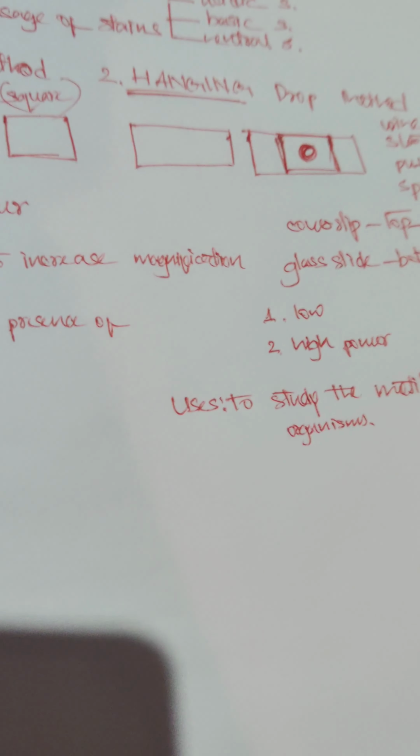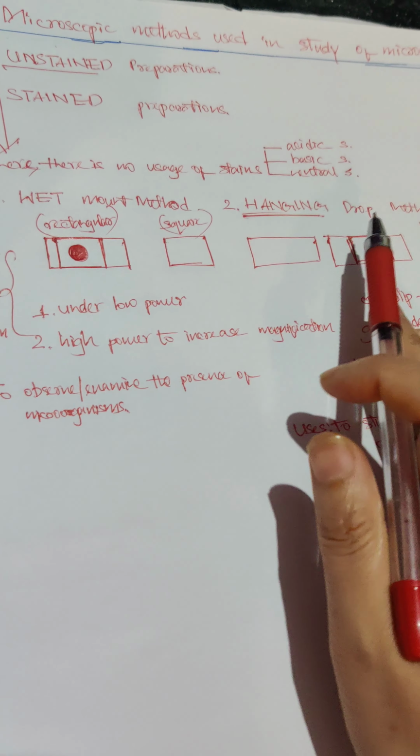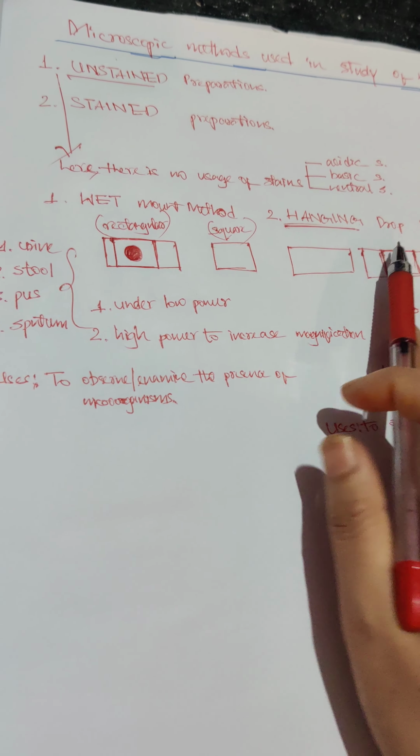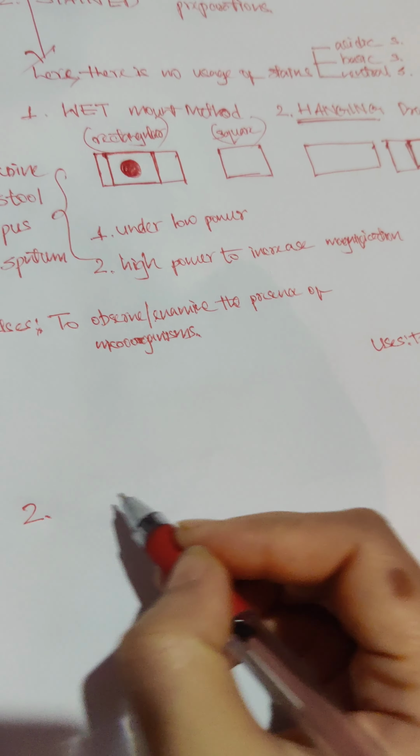When we focus on the edge of the drop, we can see the motile organisms. So this is your unstained preparation. The first is the wet mount preparation, the second is the hanging drop method, and next comes the stained preparation.